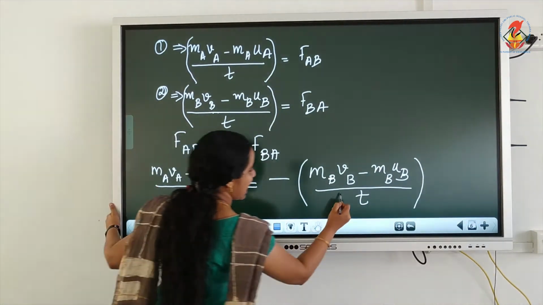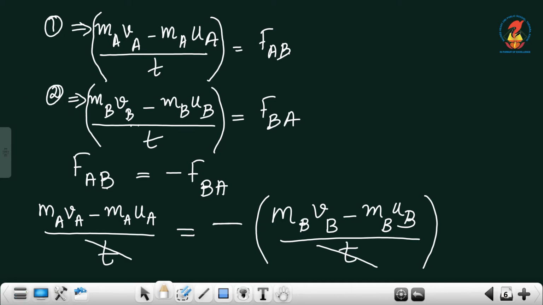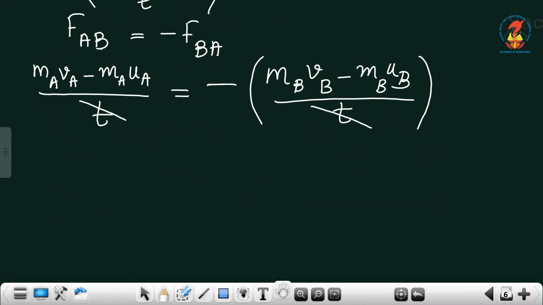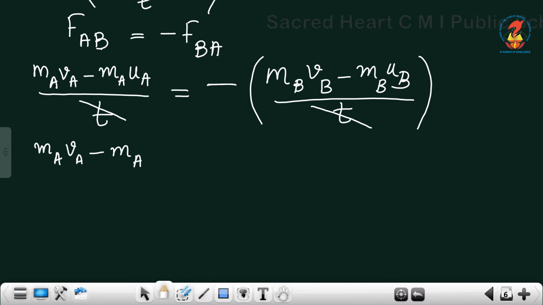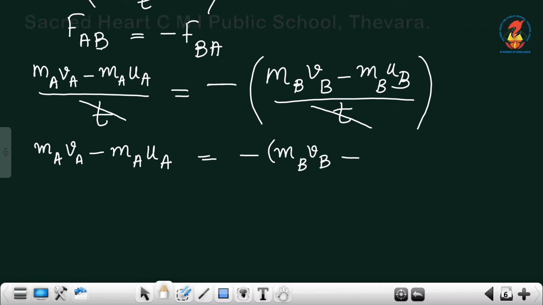Now, T and T got cancelled off. Remaining is MAVA minus MAUA is equal to minus of MBVB minus MBUB.